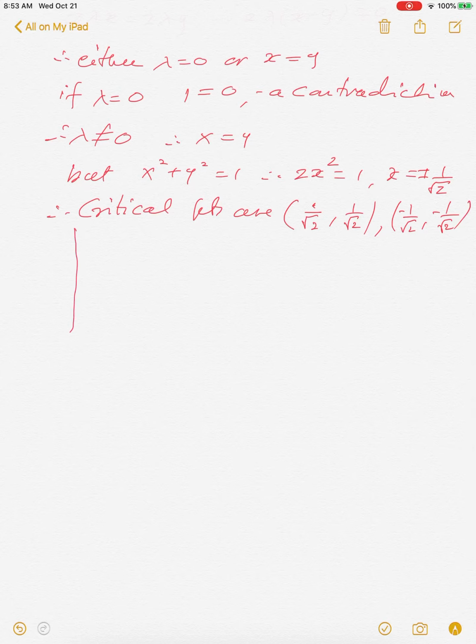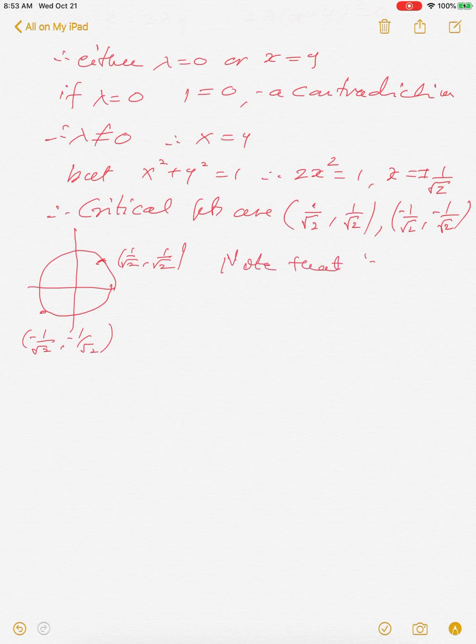Now, even though we do not have a sufficiency condition, you can figure out which one is a max and which one is a min. So if you look at these 2 points, one is over here, 1 over root 2, 1 over root 2, and the other one is minus 1 over root 2, minus 1 over root 2. Note that the level curves of f are straight lines, x plus y equal to c.